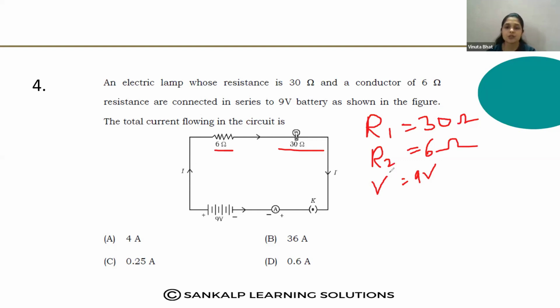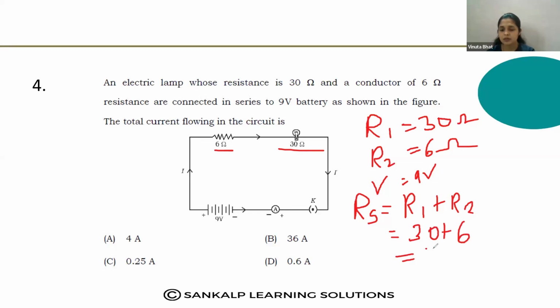First you have to find out the total resistance. That is, Rs is equal to R1 plus R2. R1 is 30 ohm plus R2 is 6 ohm, that is equal to 36 ohm. So Rs is equal to 36 ohm, the total resistance in this circuit.